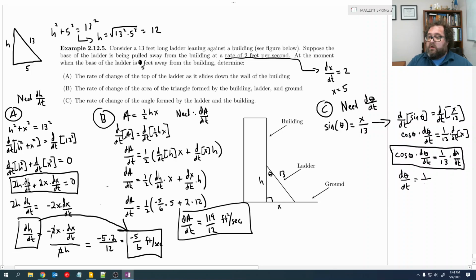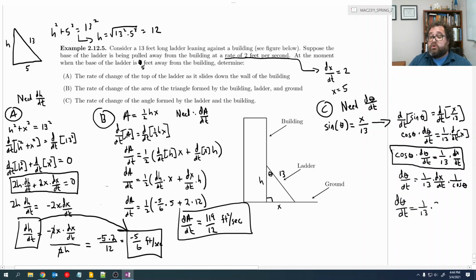So you have 1 over 13 times dx dt times 1 over cosine theta. Okay, so what do we get here? d theta dt. Well, we have that 1 over 13, of course.